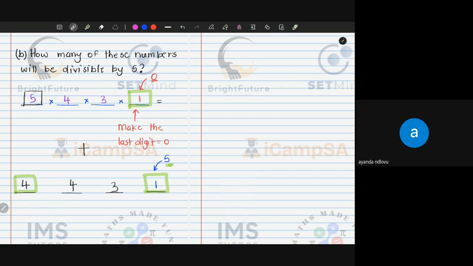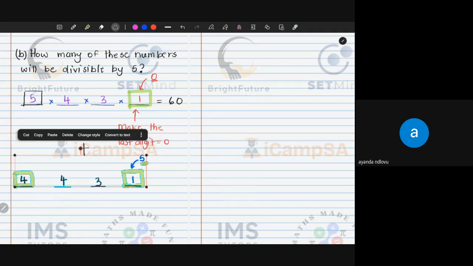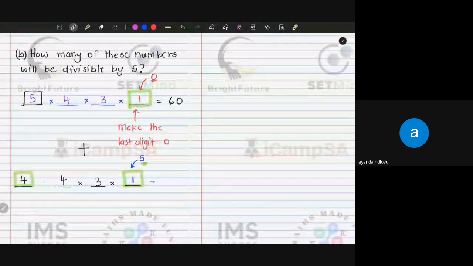Anyone, guys? 5 by 4, that becomes 60. And then if our numbers end with a 5, how many numbers are we going to have? 48. 48. So the total number of numbers that will be divisible by 5 will be the sum of the 2. So the total will be 60 plus 48, which will be 108.